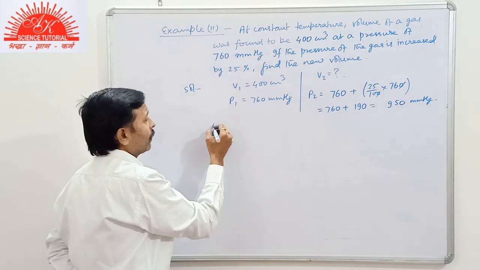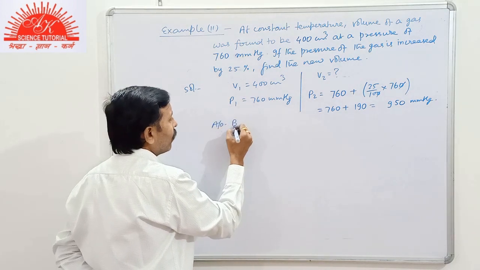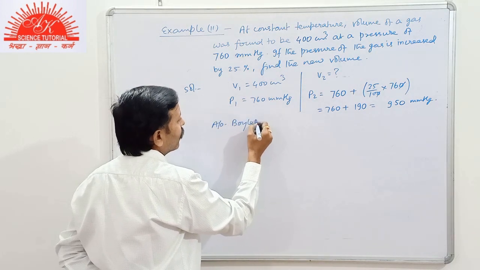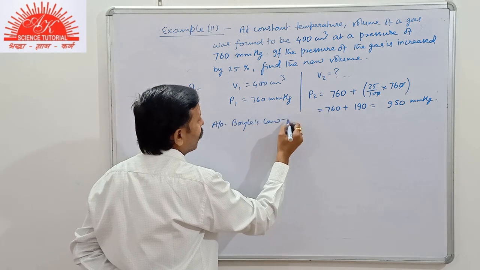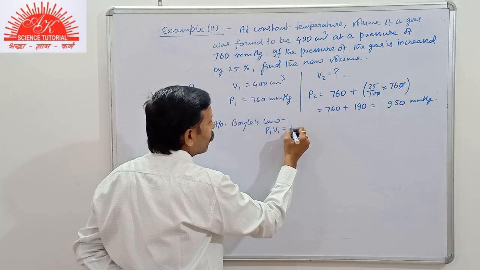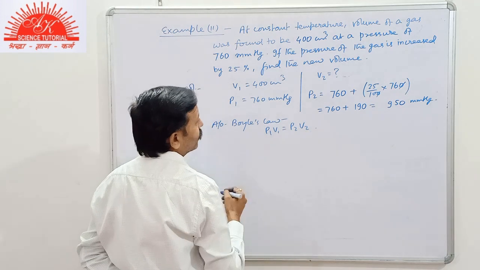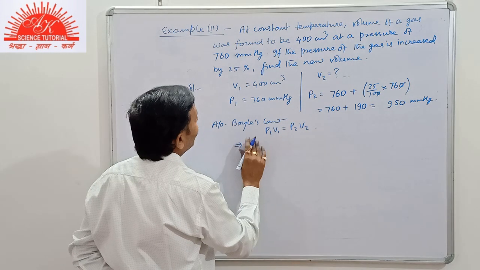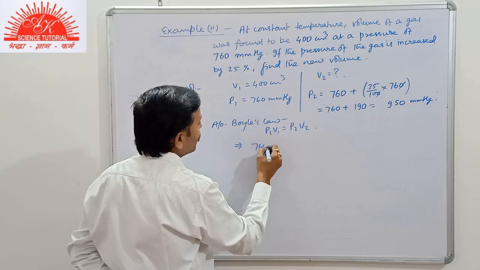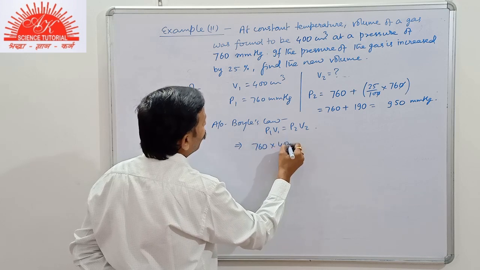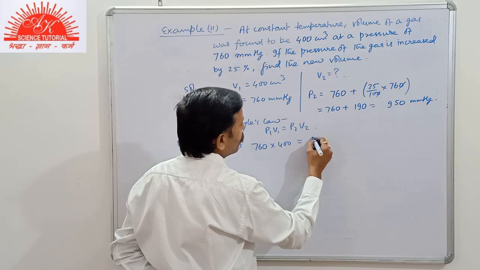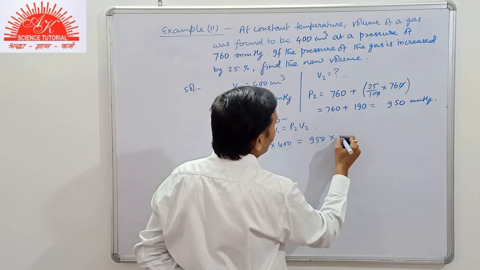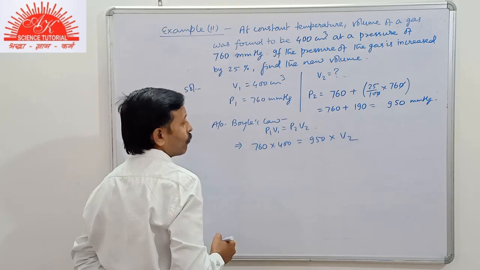Now you can solve. According to Boyle's law, P1 V1 equals P2 V2. So in that case, 760 into 400 is equal to 950 into V2.